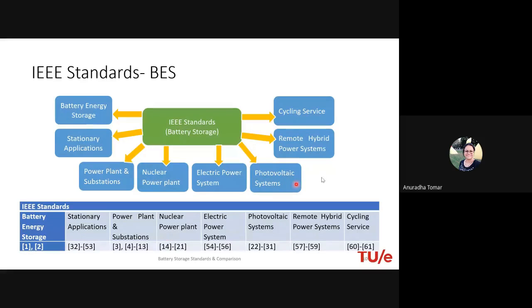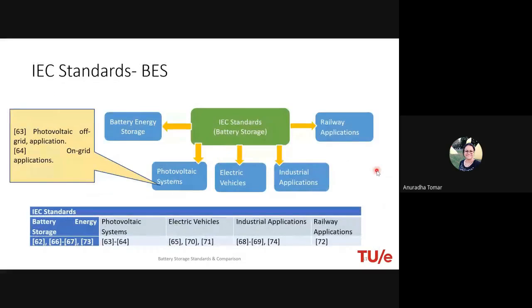Then moving to the next slide. Here in the IEC standards, the category division is relatively reduced. There is one similar category, that is battery energy storage, but a relatively large number of standards are available which are related to the battery itself.